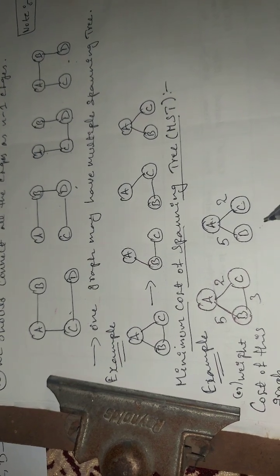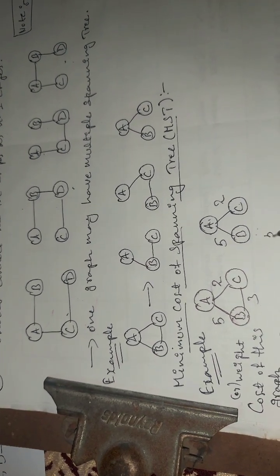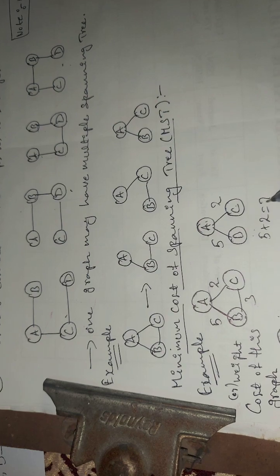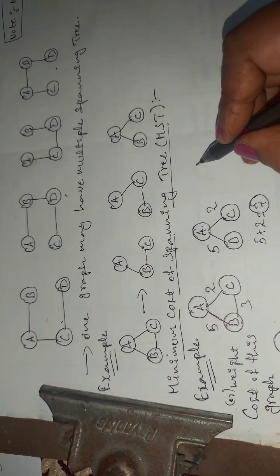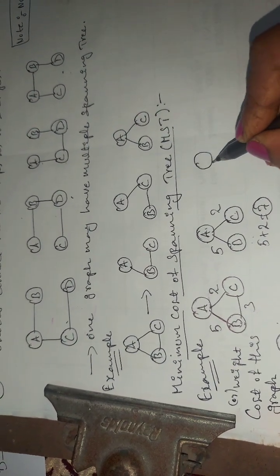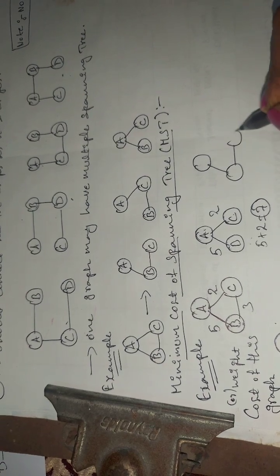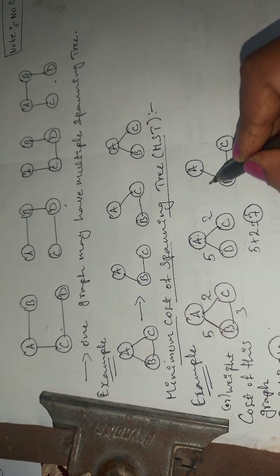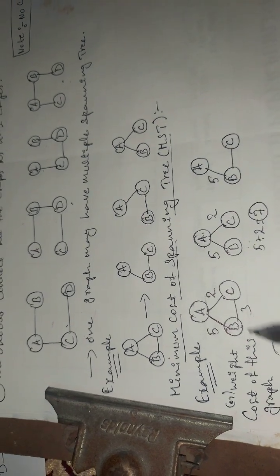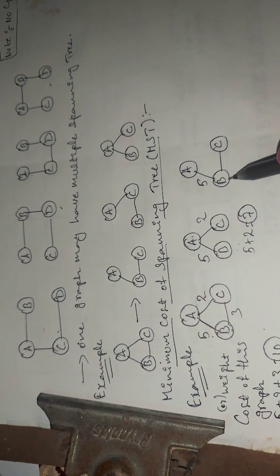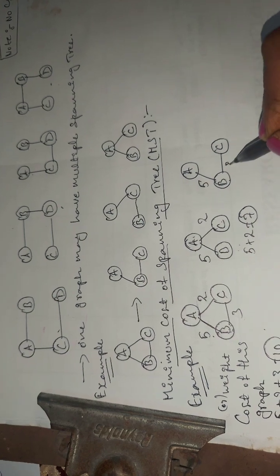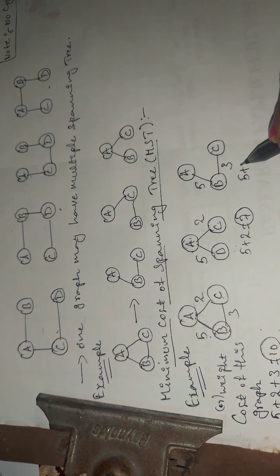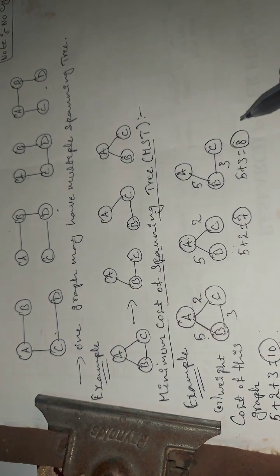The cost of this graph is 5 plus 2 equal to 7. Here is another example: A, B, C, with A to B 5 and B to C 3. So 5 plus 3 equal to 8.